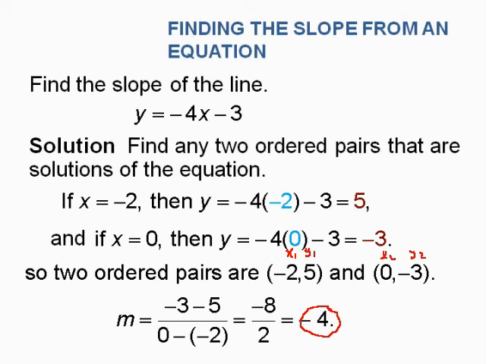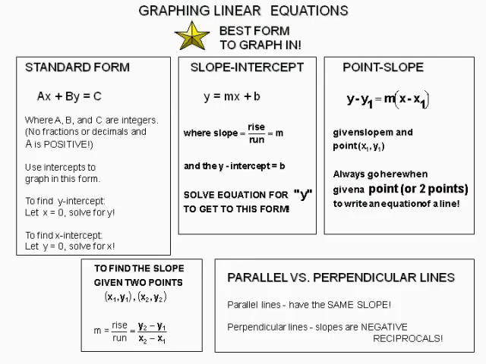Now, in future lessons here, let me go back to this graphic here earlier. We are going to see that we're getting to this middle box down the line, slope-intercept form, where y equals mx plus b.